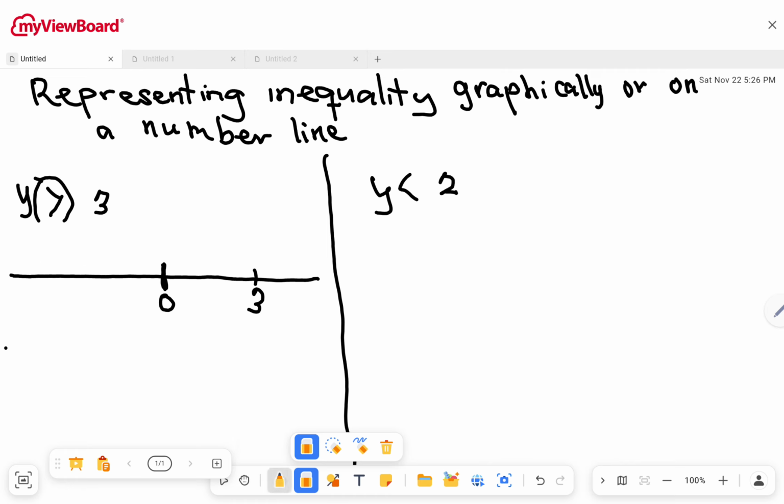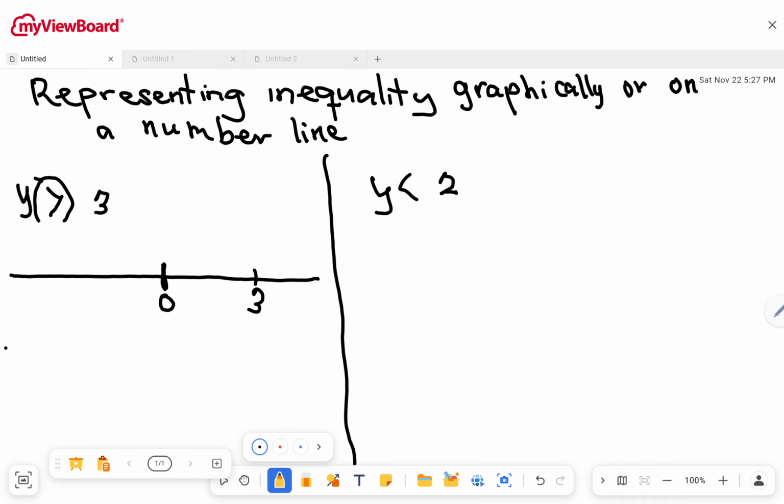Okay, now some students find it difficult drawing the number line because they think they must bring all the numbers on the number line. Please, it is not always so.